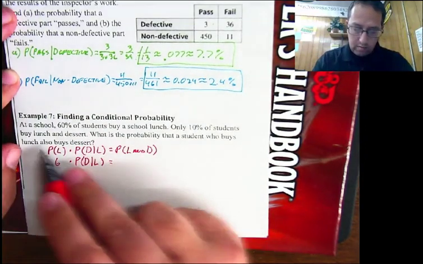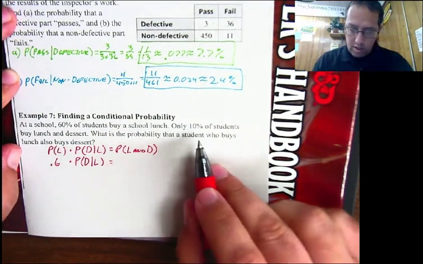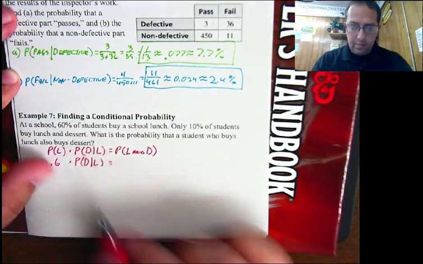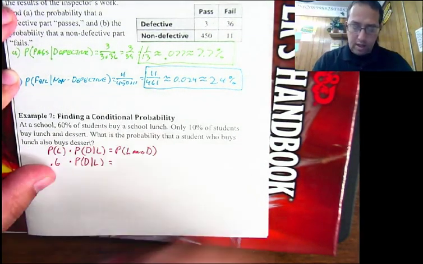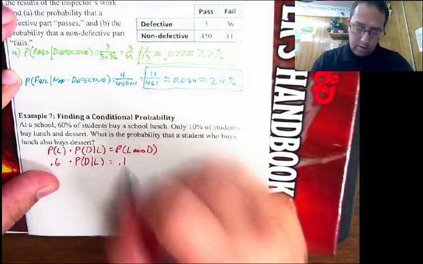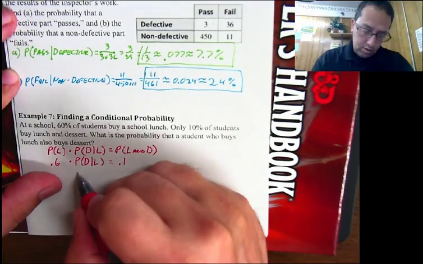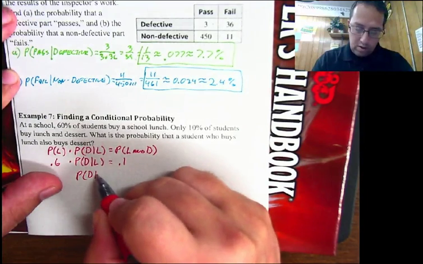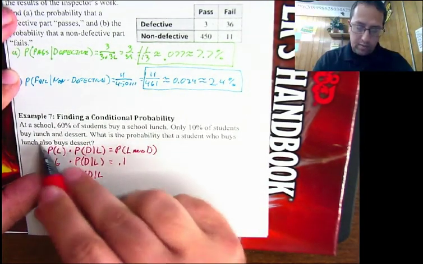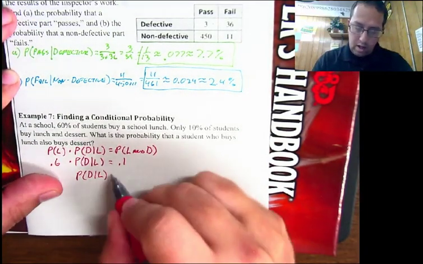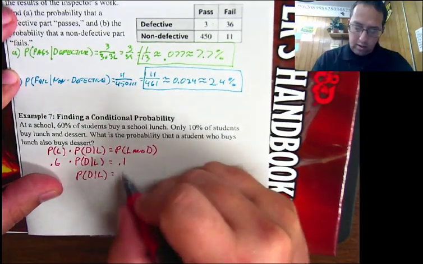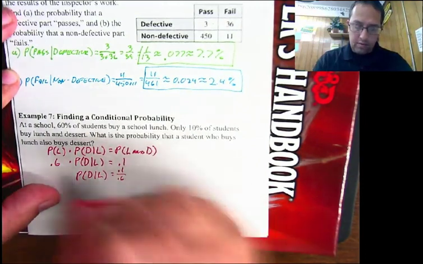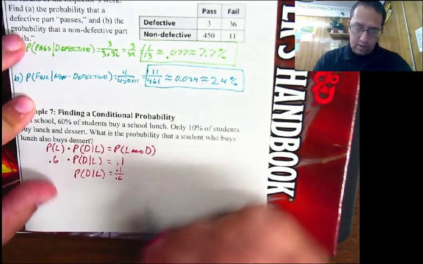All right, so this is going to equal 10% who get both. 10% of students who buy lunch and get dessert. So 0.1. So the probability that someone buys dessert given that they already bought lunch, right? And so that gives us 0.1 over 0.6. Divide both sides by 0.6.